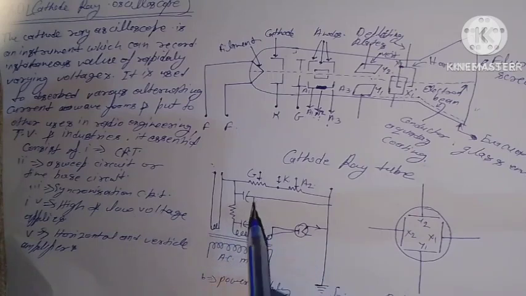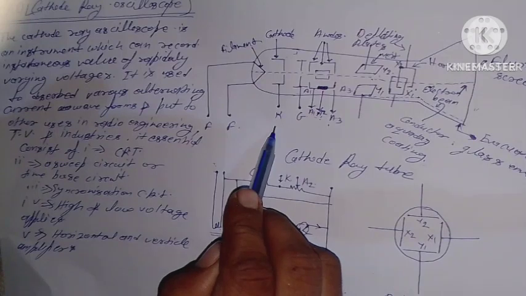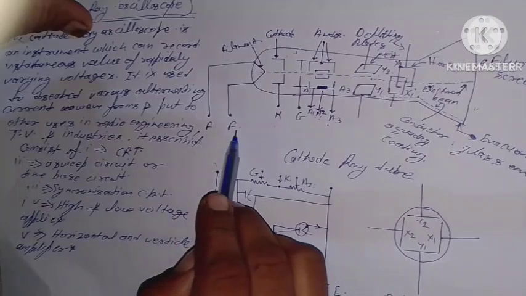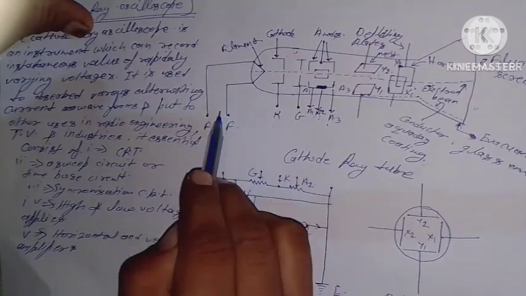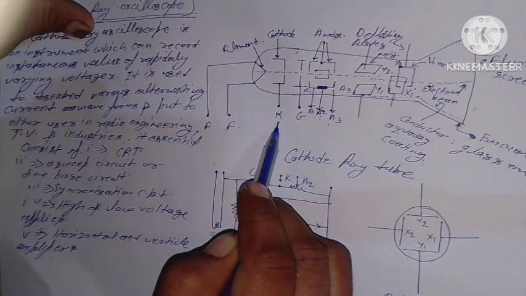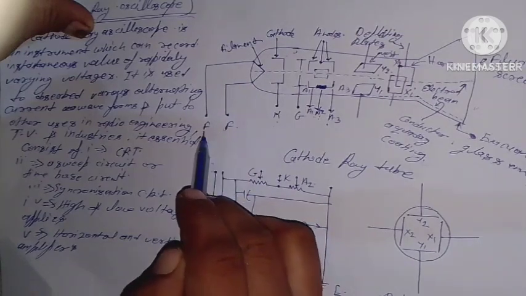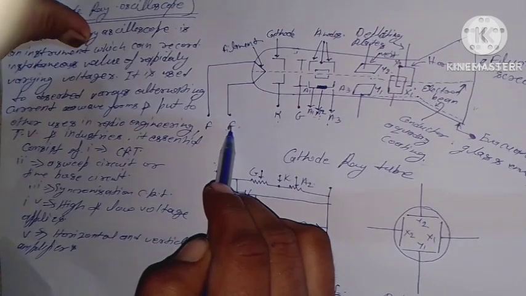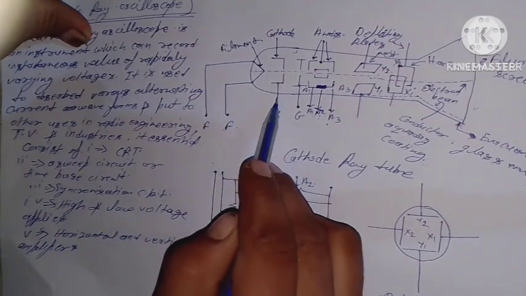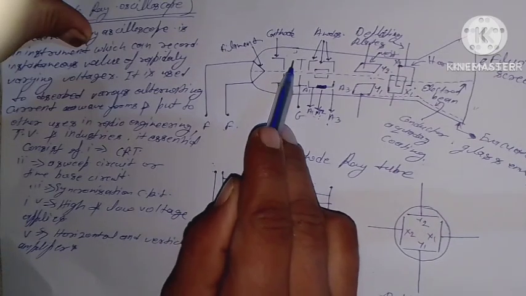The cathode K is indirectly heated by passing a suitable current through the filament FF, which is electrically insulated but thermally connected to it.